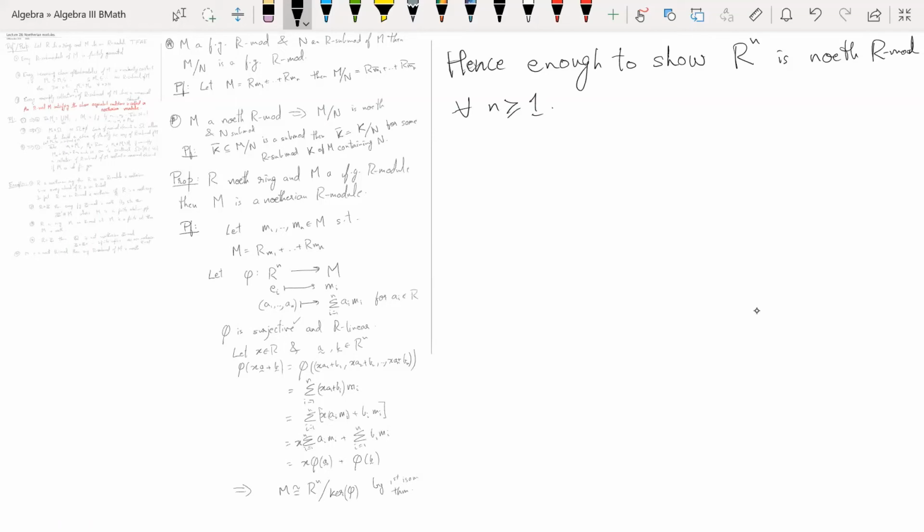So that is what we will prove, that R^n is Noetherian for all n. And this we can prove by induction.